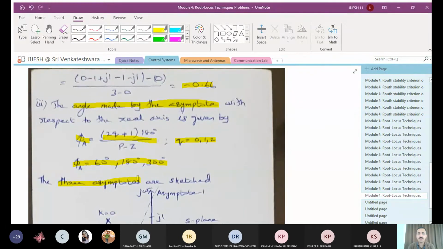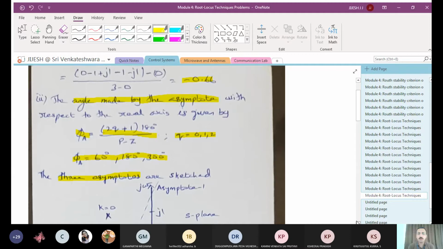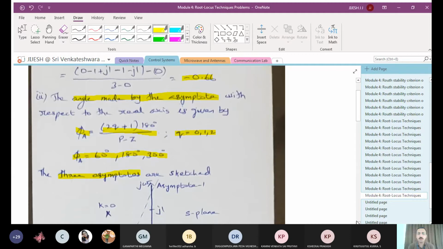There is no zero, there are three poles, so you can mark those poles. So you got minus 1 plus j1 and all. You should know how to plot minus 1 plus j1. So it will come here.